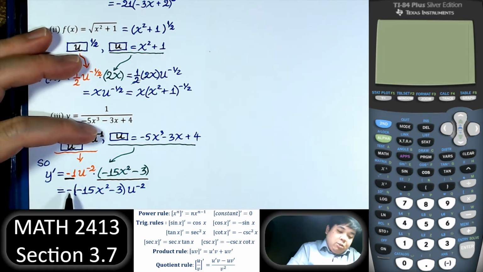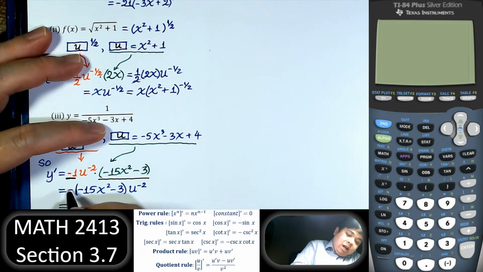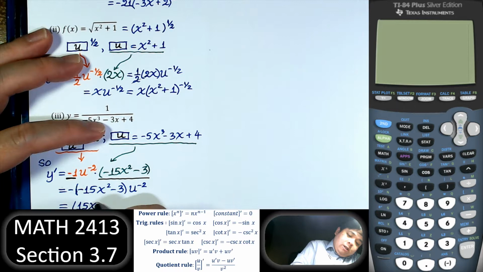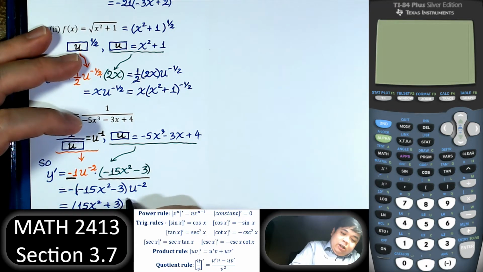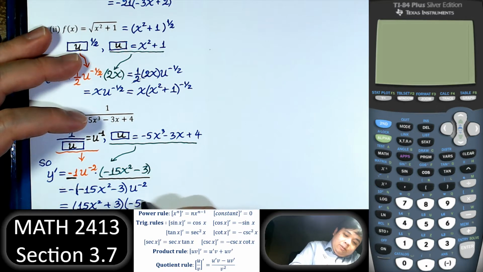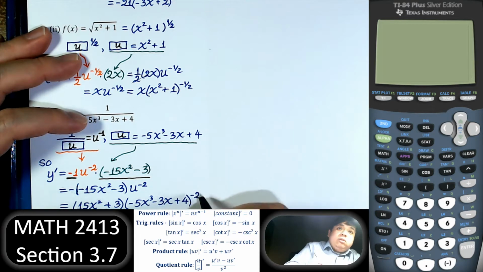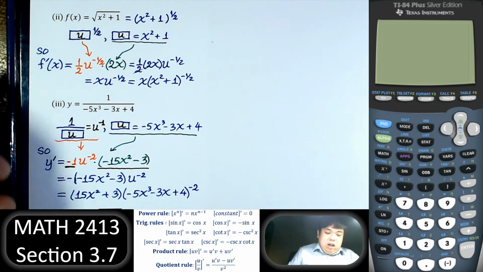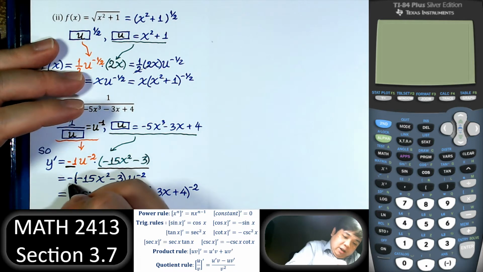But in this case, because the negative can distribute into that and make it positive 15x squared plus 3, and then u is that, and we don't need to simplify now. So again, distribute the minus sign.